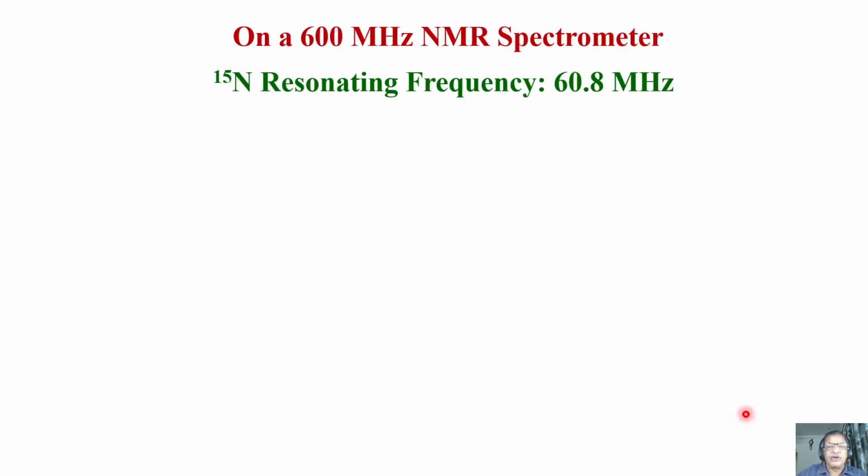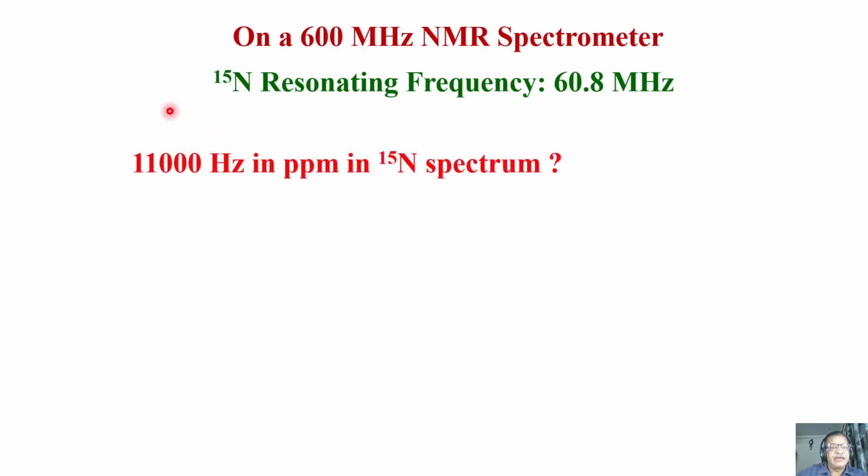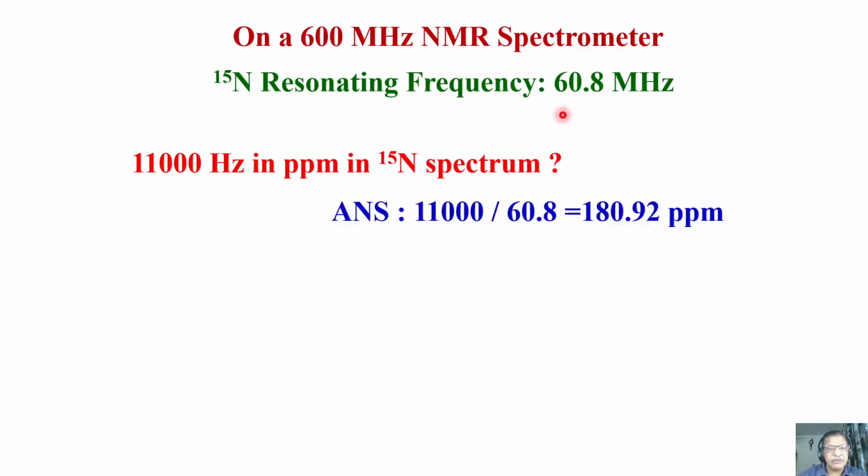Now we will also do the reverse of it, converting frequency to ppm, so that you recapitulate everything before we proceed further. My question is, what is 11,000 hertz in ppm in the nitrogen 15 spectrum at 60.8 megahertz?